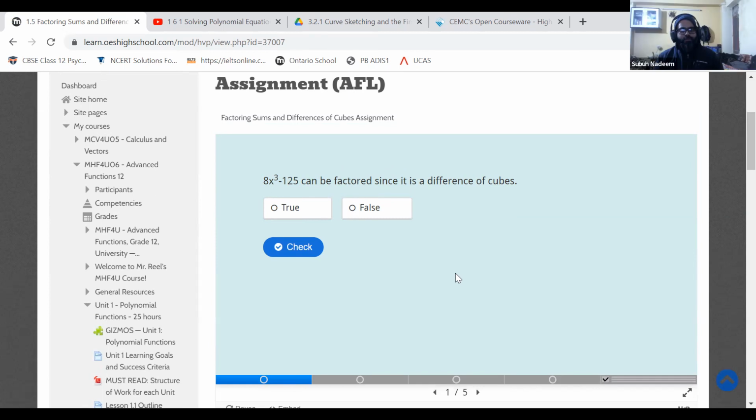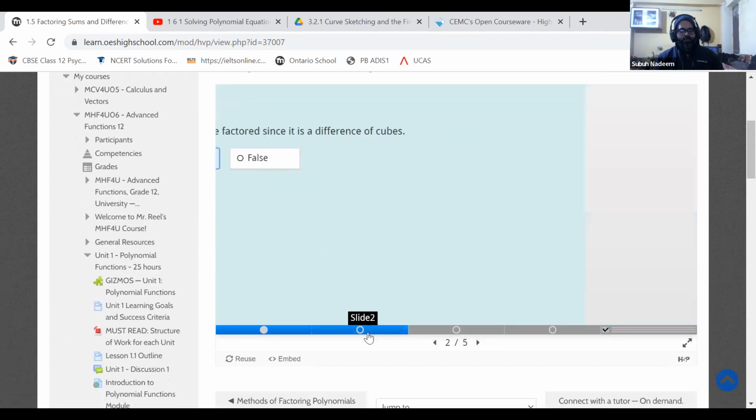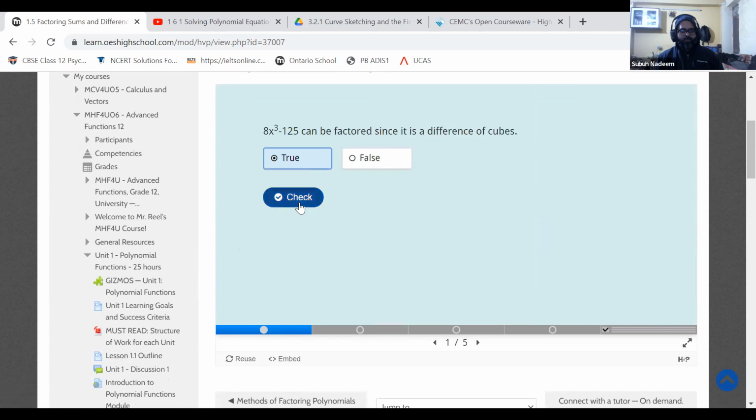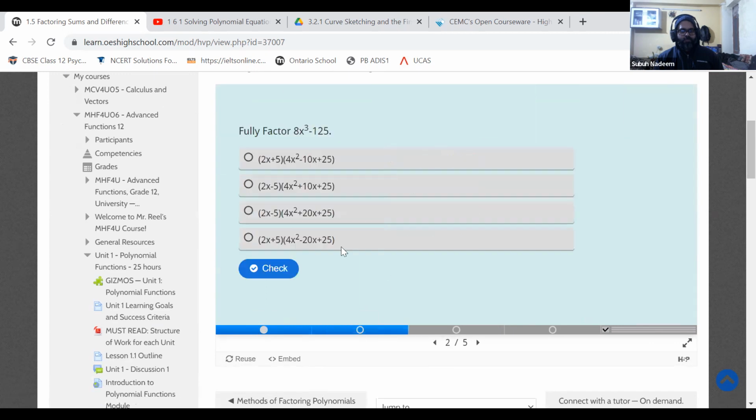So 8x cube you can write as 2x whole cube, and 125 you can write as 5 cube. So it is true. Yeah.